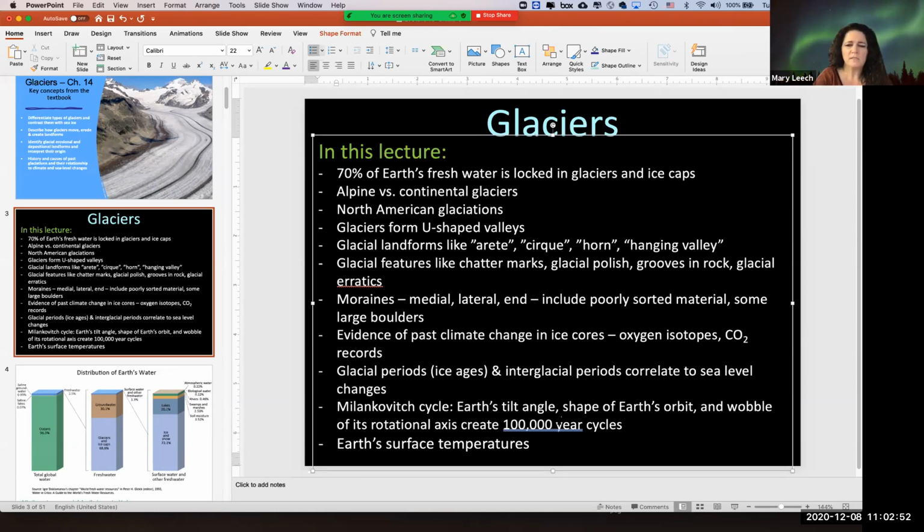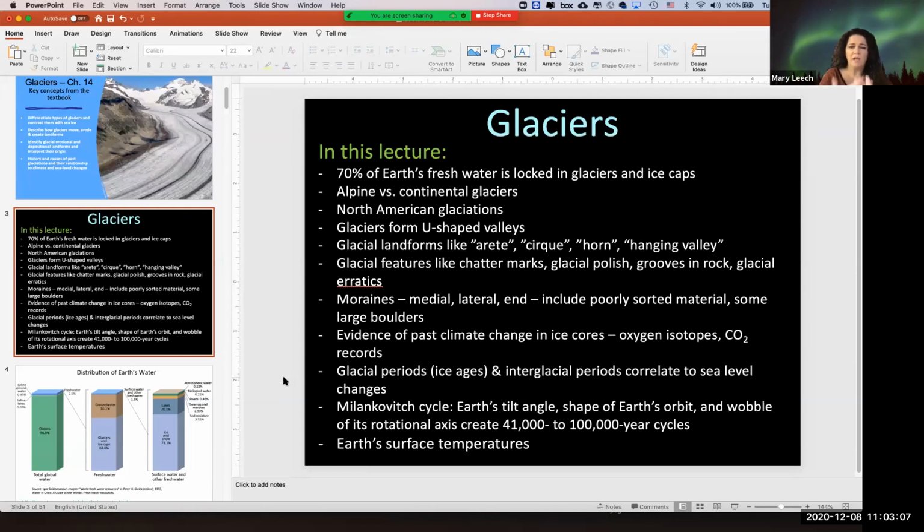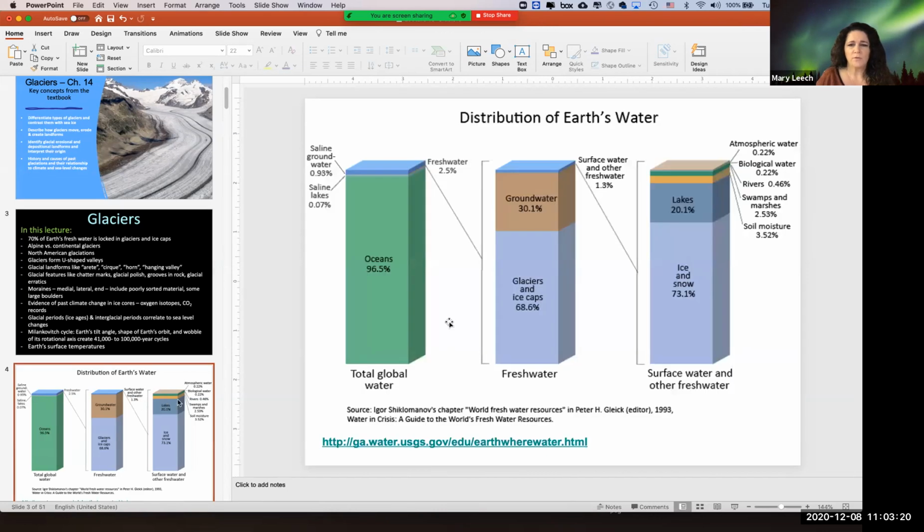But it creates, I should have said, 41,000 to 100,000 year cycles. Should have come back and fixed that. Anyway, there we are. So you can see those cycles in the paleoclimate data, and it's remarkable how predictable it is. And then we'll talk about surface temperatures on Earth.